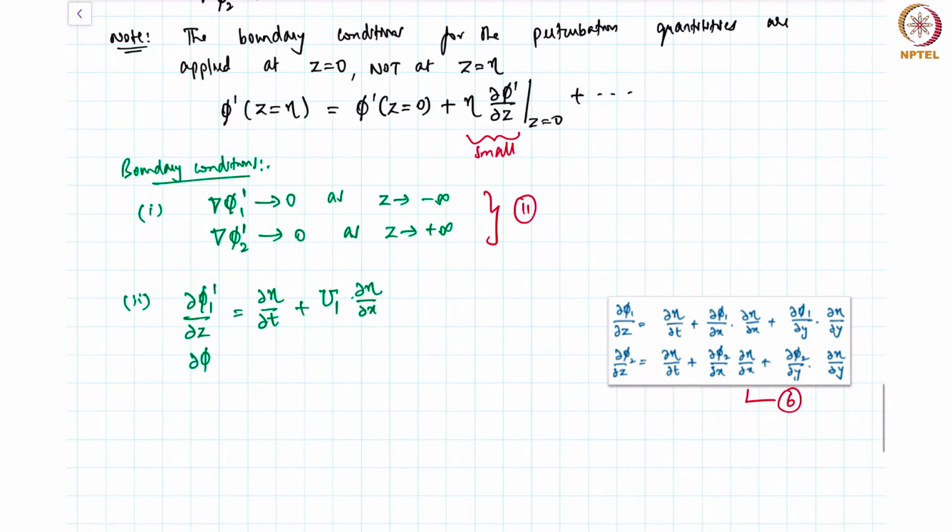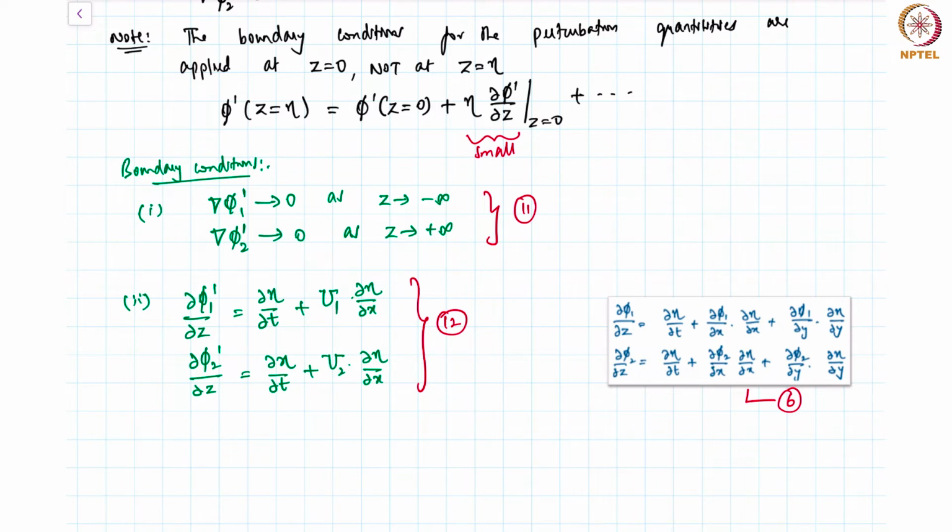Similarly, we have del phi 2 prime by del z will simply be del eta by del t plus u2 del eta by del x. This is my equation number 12. So that's the kinematic boundary condition.